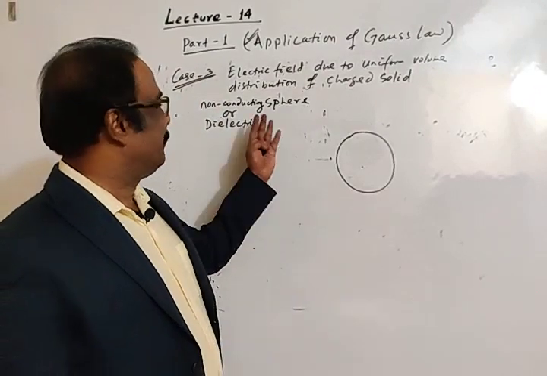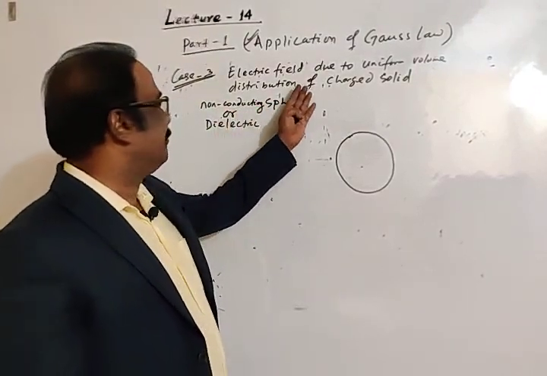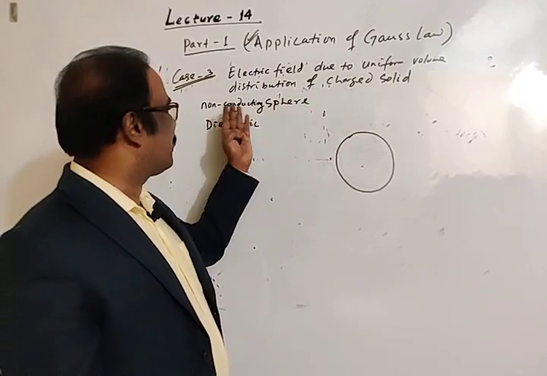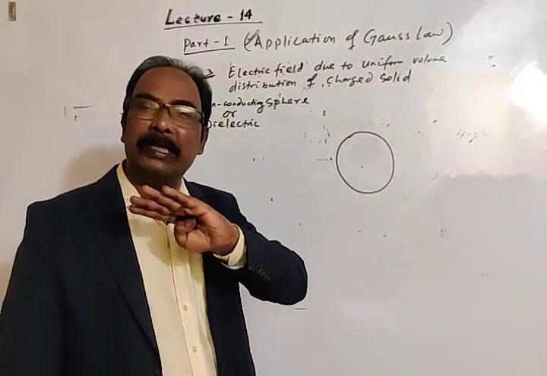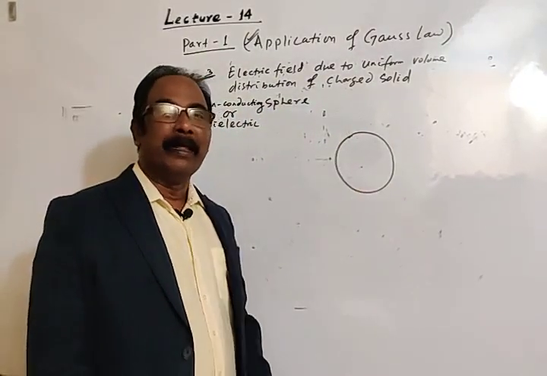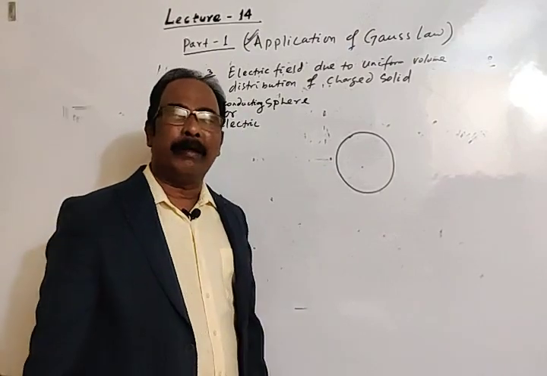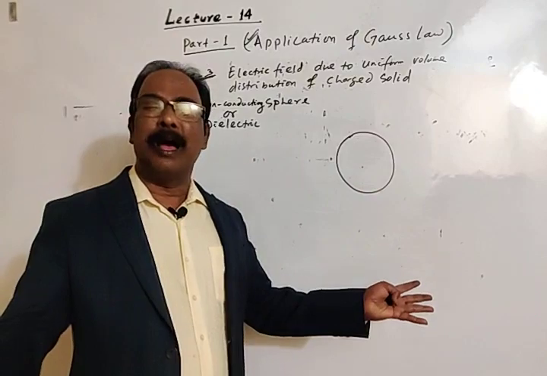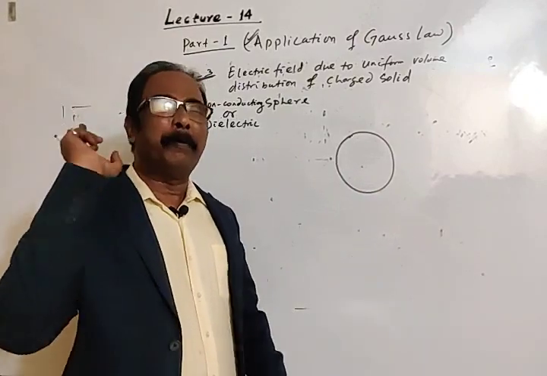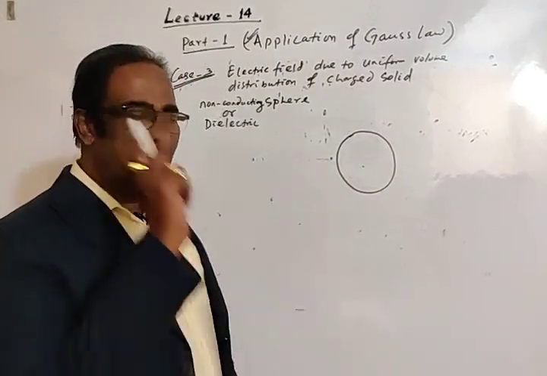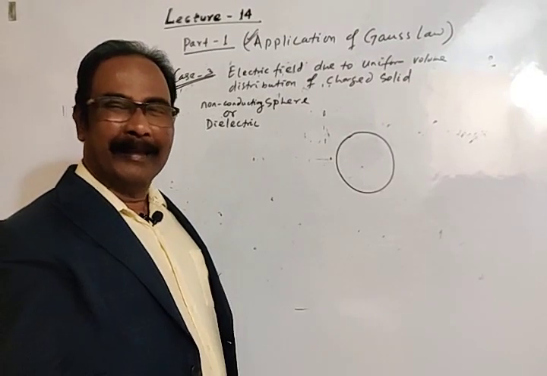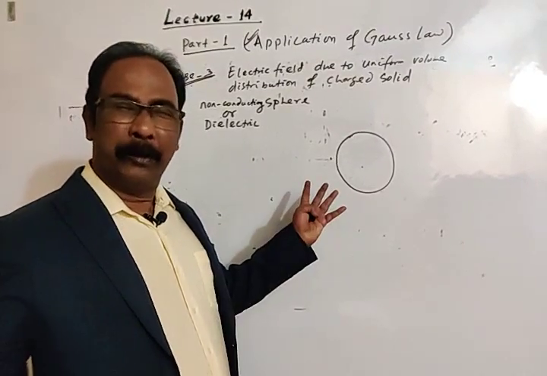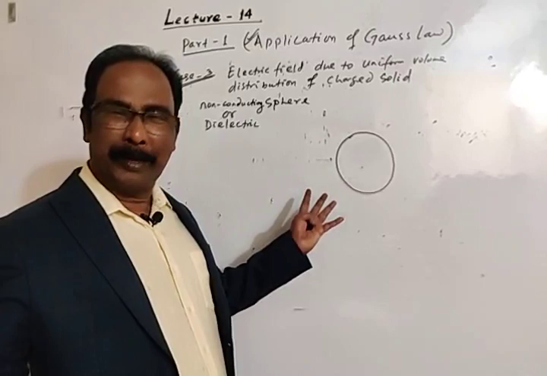Okay. So, since we have taken uniform volume distribution of charge, that sphere must be a non-conducting sphere. For a non-conducting body, charge may reside inside the body. But for a conducting body, no charge will remain inside the body. The whole charge will appear on the surface of the conductor.